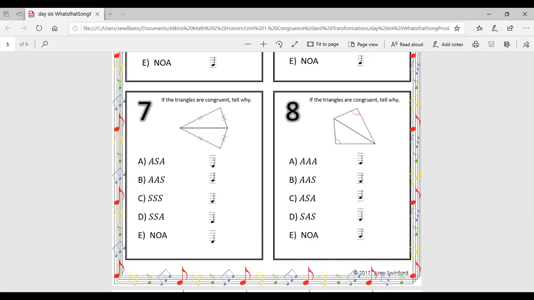Good, Abby. Good, Elizabeth. Good, Braden Hopkins. Good, Isaac. Good, Riley. Good, Larit. Good, Jacob Powell. Good, Tyler. Good, Anna.